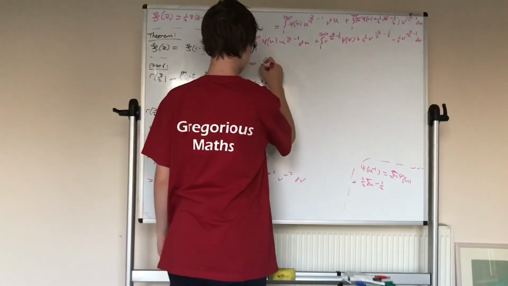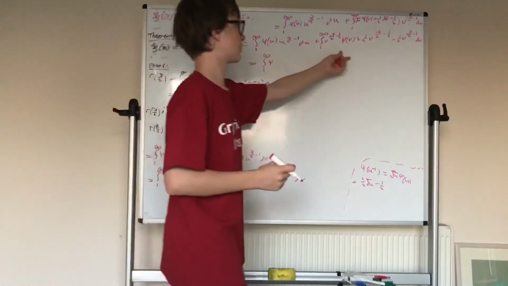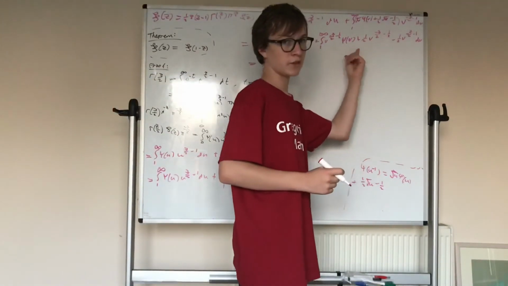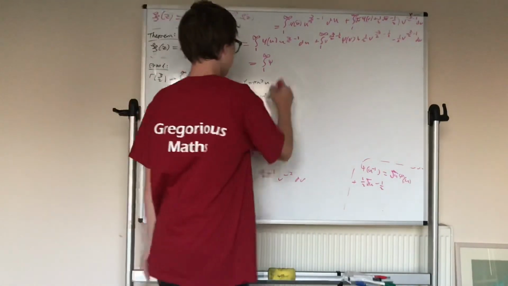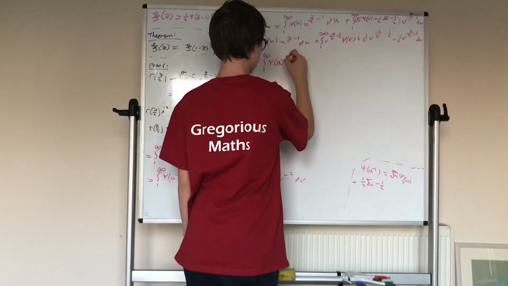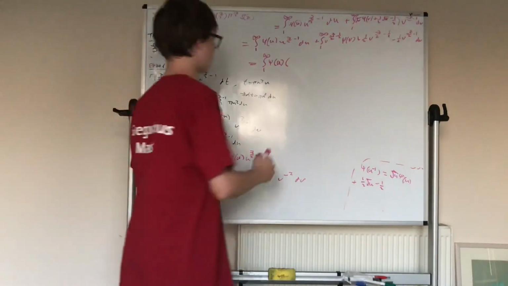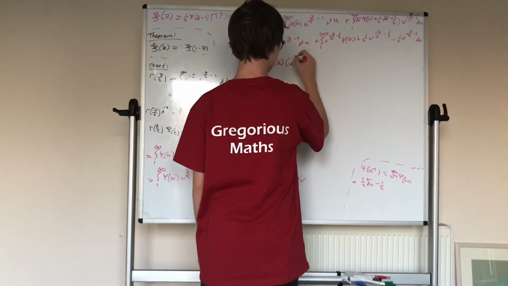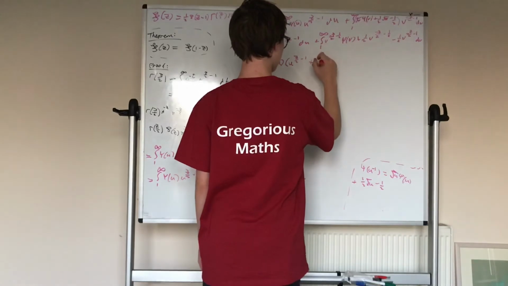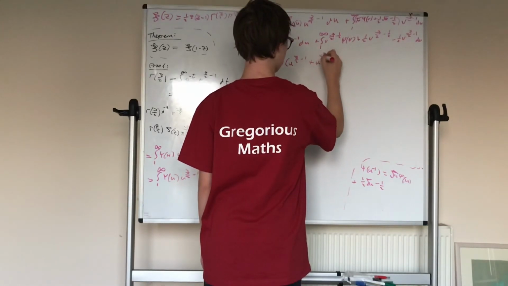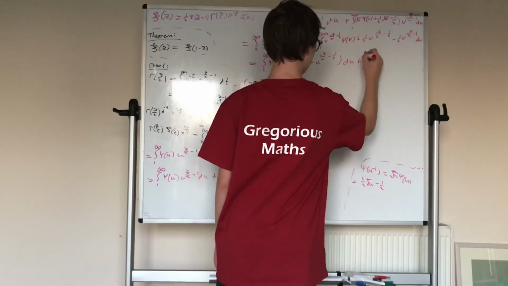So this equals the integral between 1 and infinity of, and also we're just going to let u equal v, because it doesn't matter. If we change all of the v's to u's, we're going to get the same thing. So this is c of u times, well, which terms here have a c of u? Well, we have u to the z over 2 minus 1, and then we have this as well, plus u to the negative z over 2 minus a half, du, plus the integral between 1 and infinity.